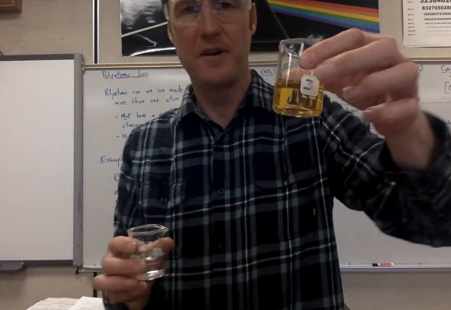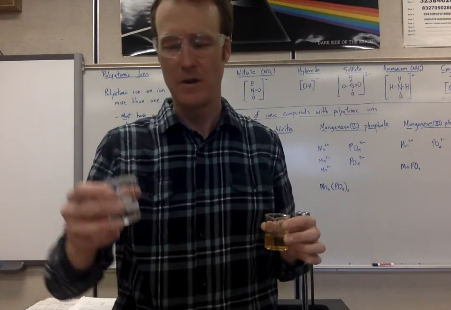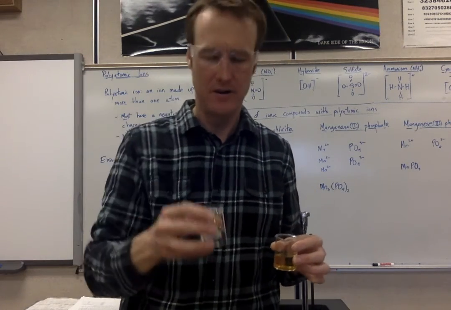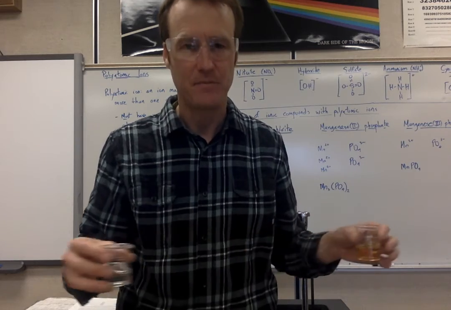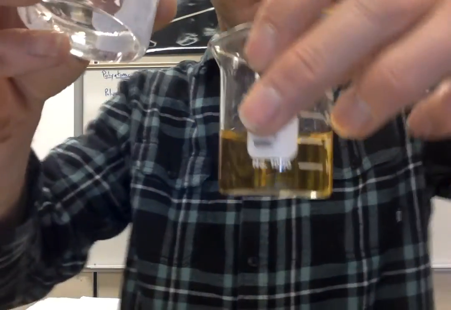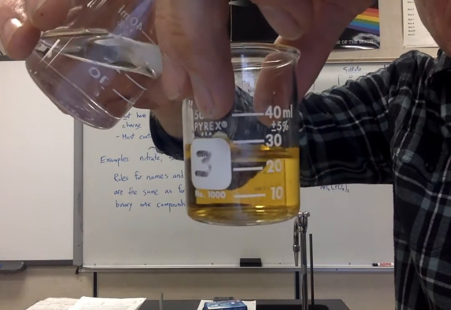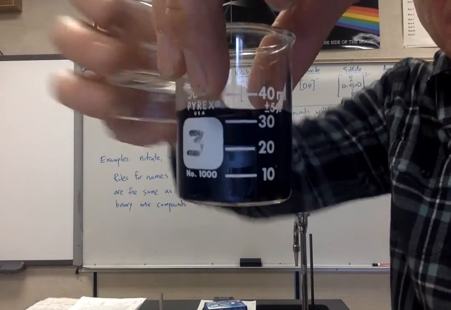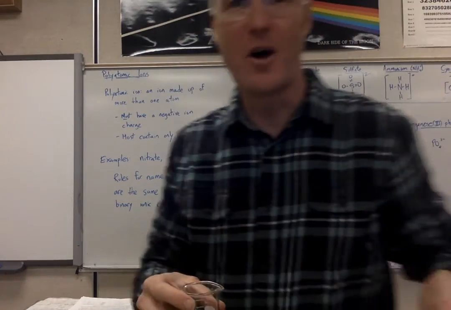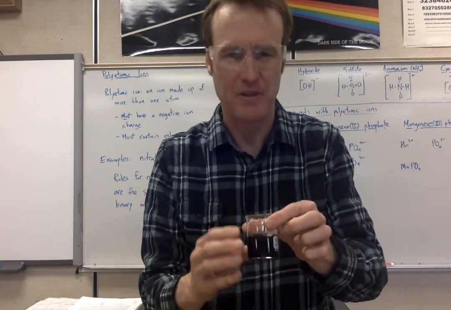I've taken a little bit of this here, made this very pleasant amber-colored iron 3 solution, and I have this clear solution of ammonium thiocyanate. See what happens. I'll be honest, it's one of my favorite demonstrations in chemistry. It doesn't show up perfectly well.